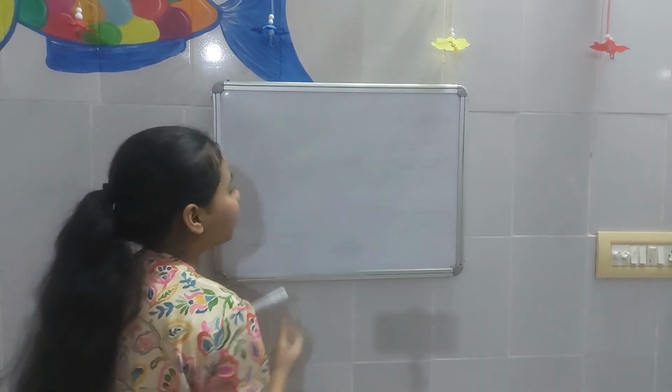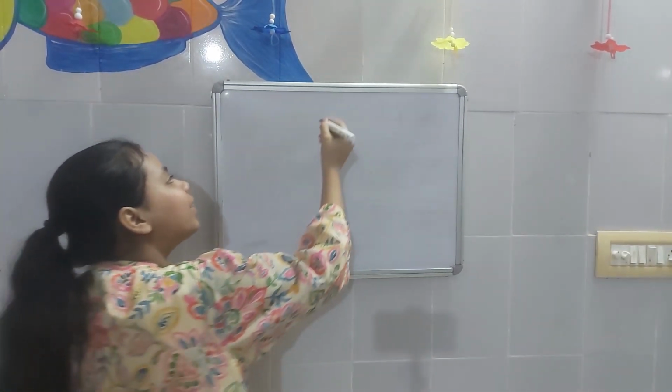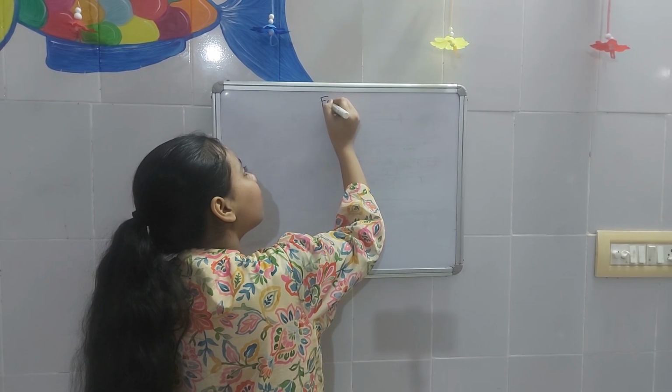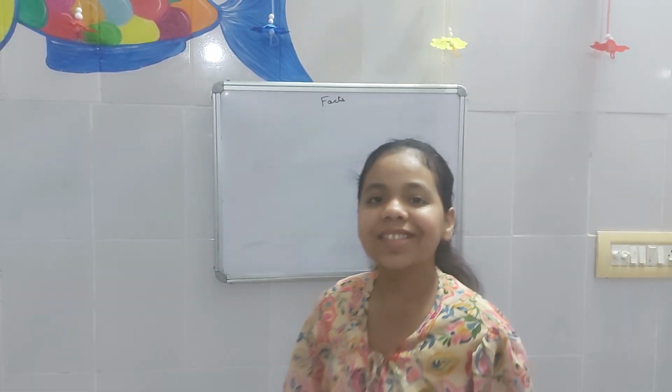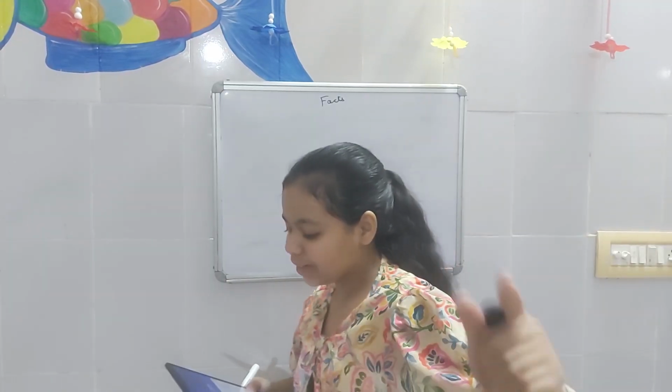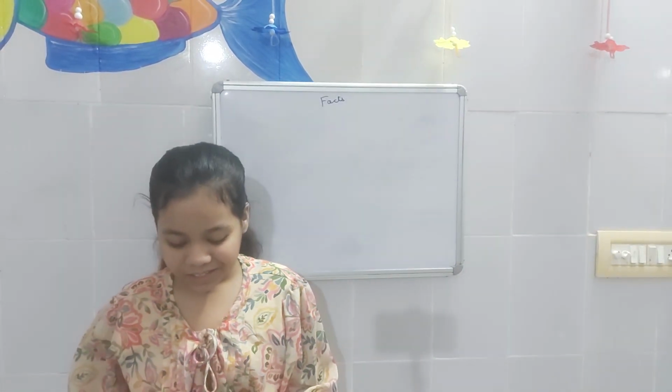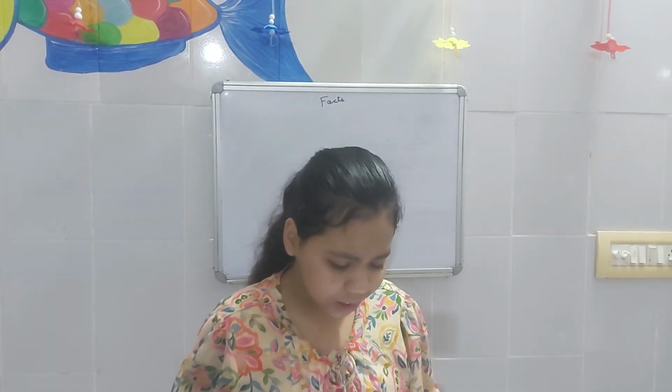So hello, as I have told you, in this part we are going to learn about some facts about the chapter, that is light. So now, what are the facts?